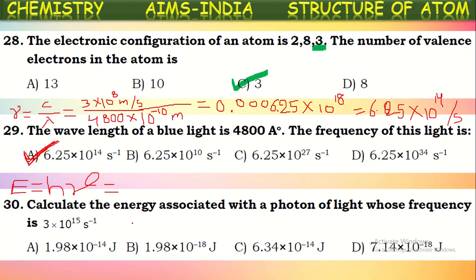If you substitute all these values, h is a constant whose value is 6.625 into 10 to the power of minus 34 joule second. And the frequency is already given here as 3 into 10 to the power of 15. We substitute this value here.